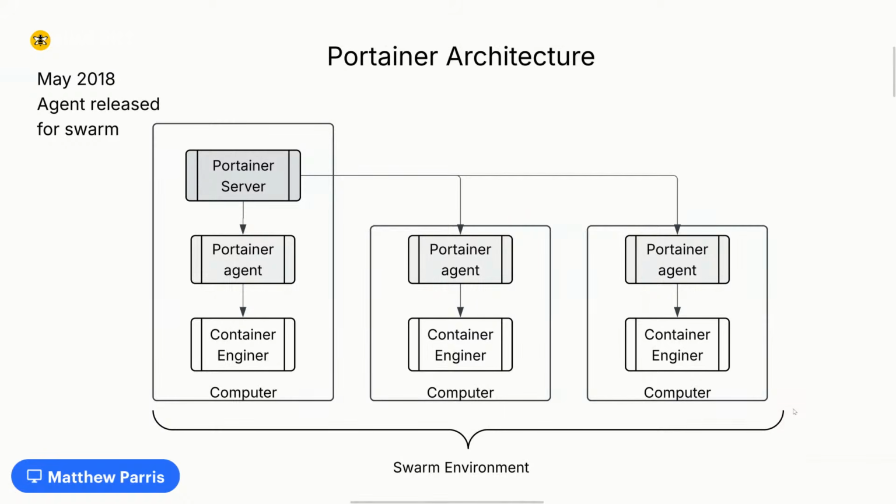The best way to think of Swarm is a way of horizontally and vertically scaling Docker environments using a single point of entry, whereas Docker standalone is one node, one single point of entry. Swarm is many nodes, one point of entry. That's the best way to think of it in your head.